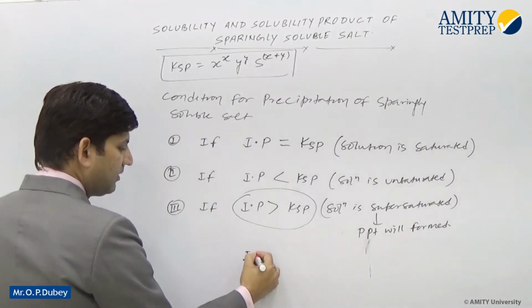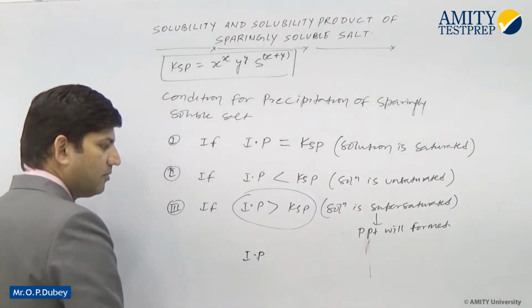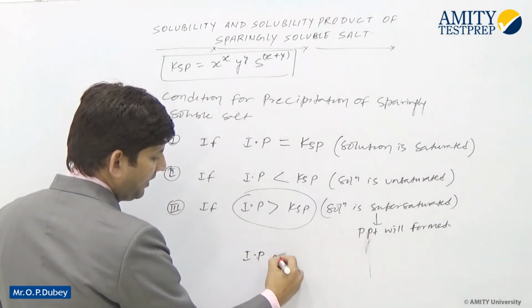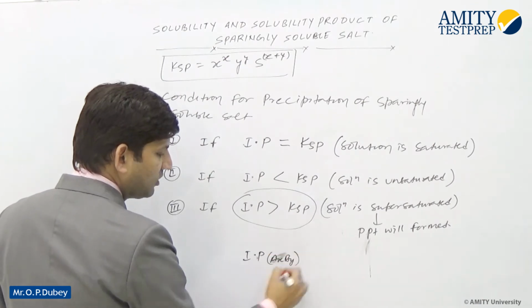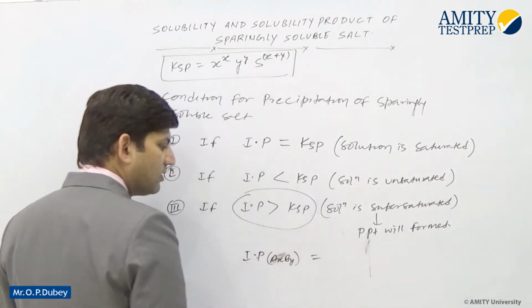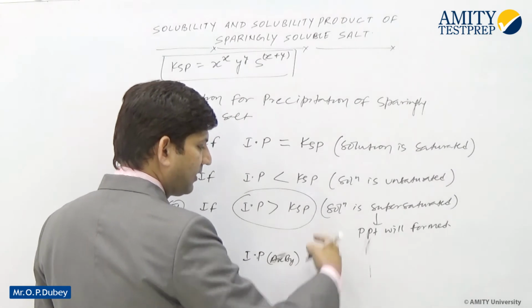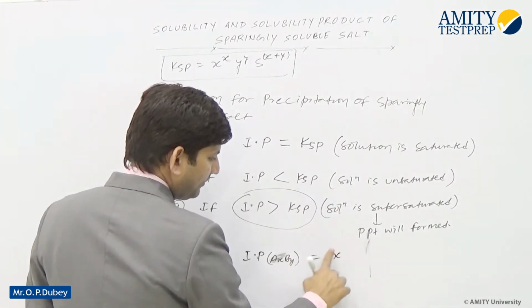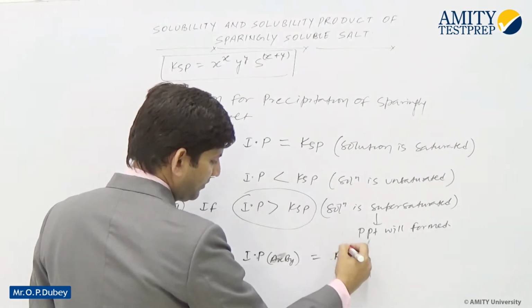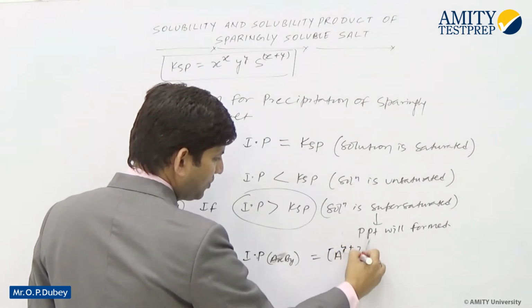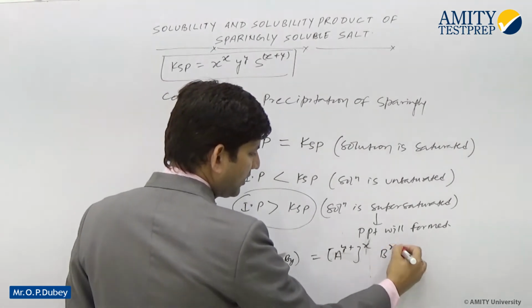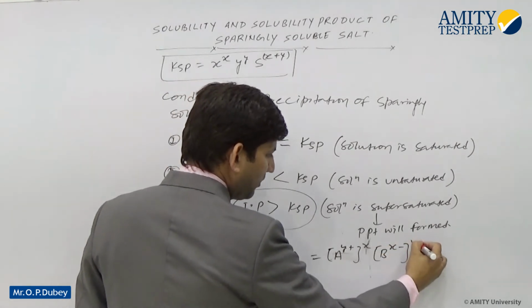Ionic product is simple. It is the product of the concentrations of ions. The ionic product of an AxBy salt is the concentration of the ions raised to the power of their coefficients, that is, A y+ raised to the power x and B x- raised to the power y.